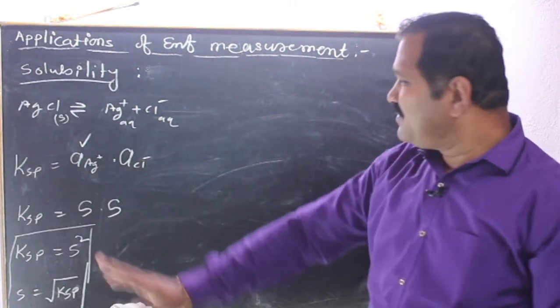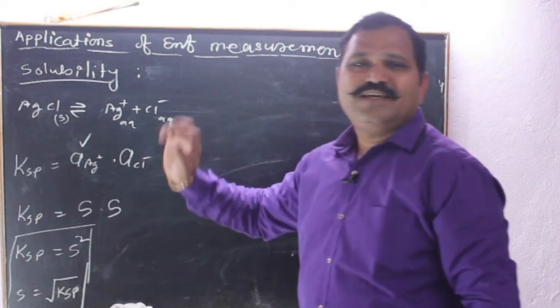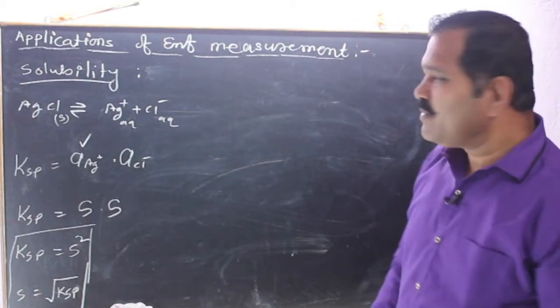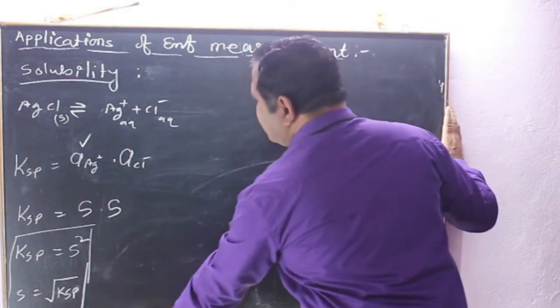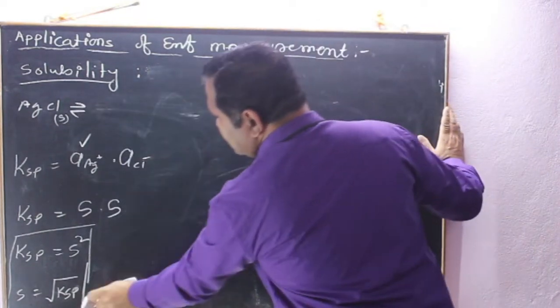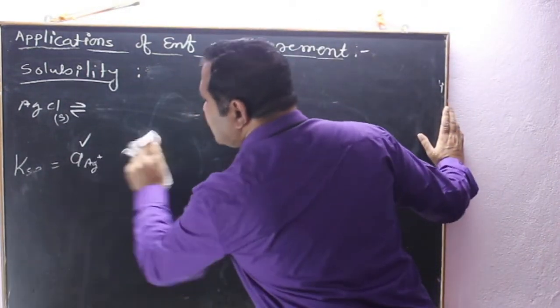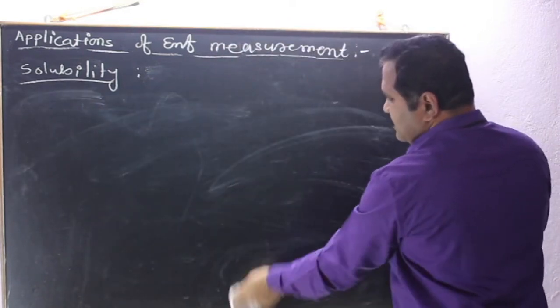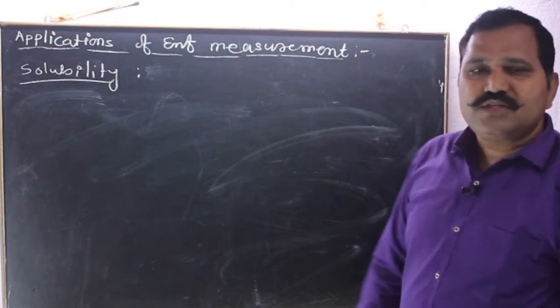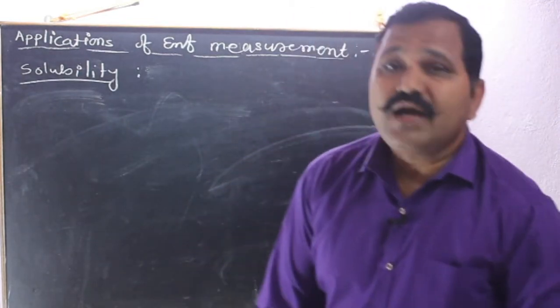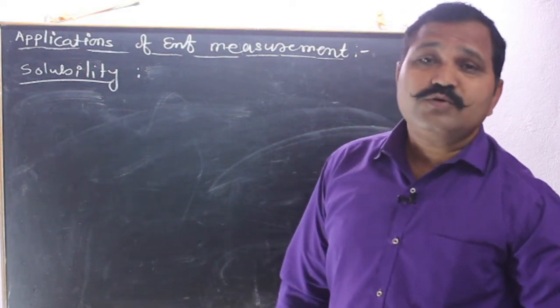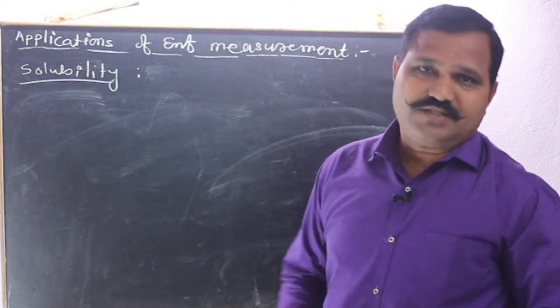We have to determine activities in a saturated solution of AgCl. Okay. For that purpose, we have to construct a concentration cell. We have to construct a concentration cell by using a salt bridge to minimize or to remove liquid-liquid junction potential.